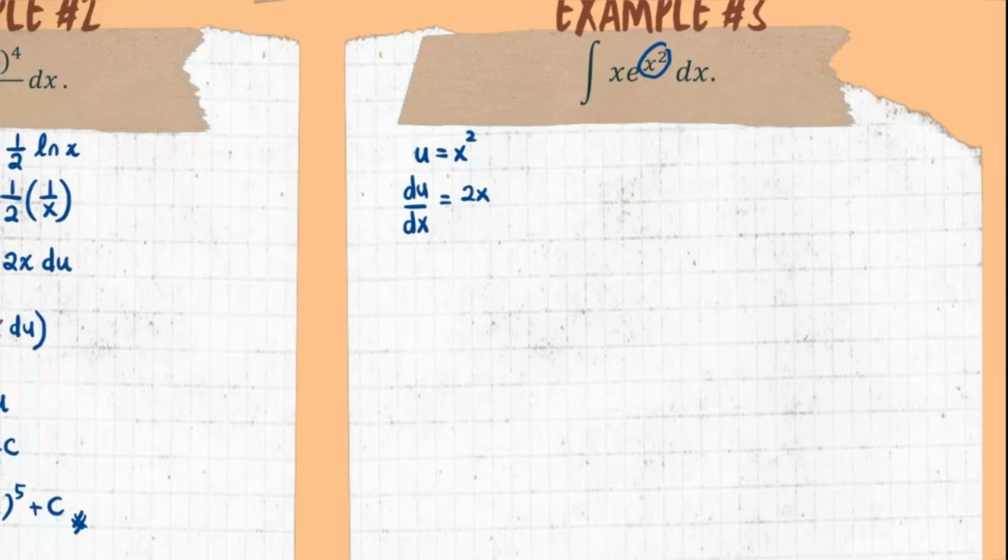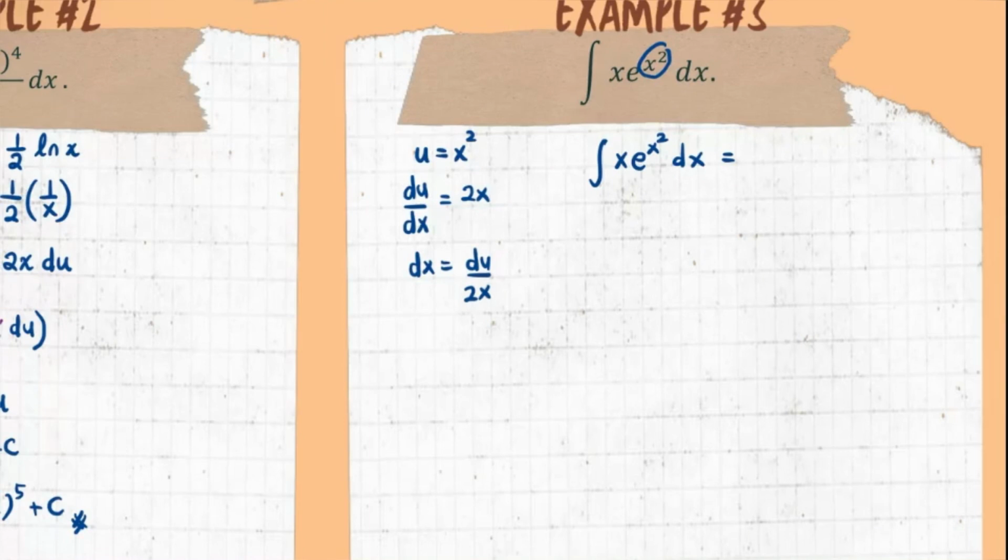Okay, next, let's put dx as our subject. So we have du over 2x. Okay, now let's rewrite everything in terms of u.